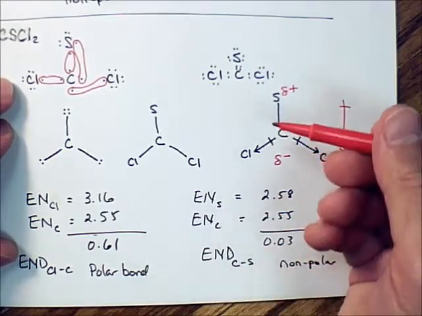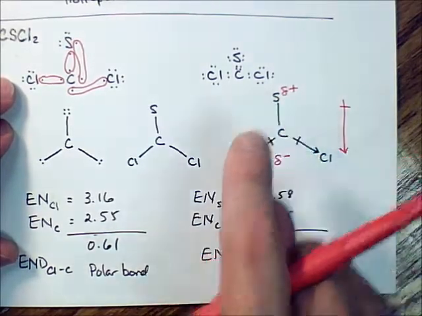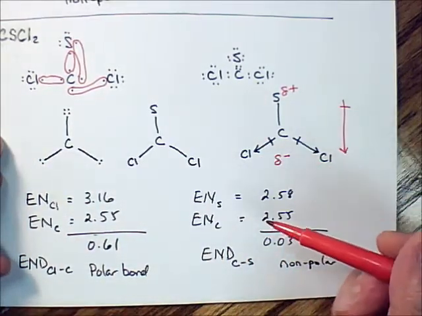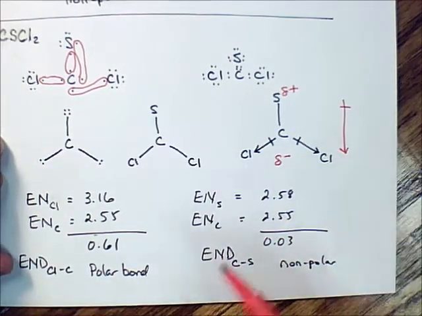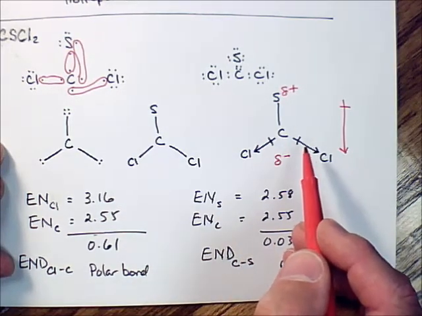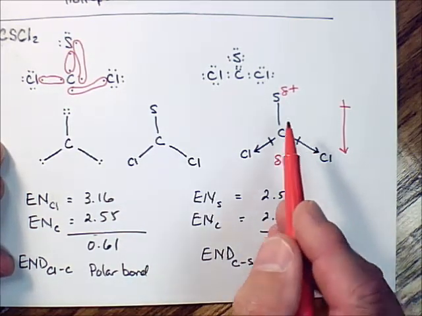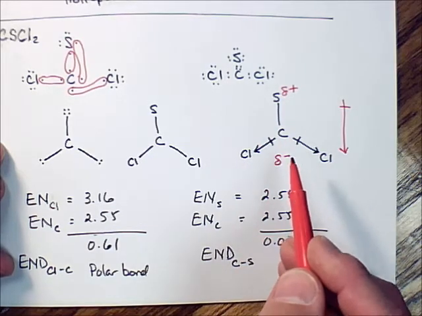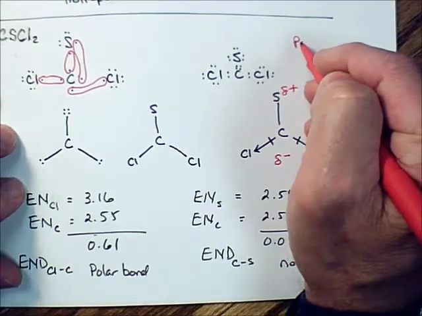The polarity is uneven. It's almost as if we had nothing up here at all in terms of polarity. Everything's down on this end, making this a polar molecule. So because we have a symmetrical molecule but an asymmetrical polarity, this is a polar molecule.